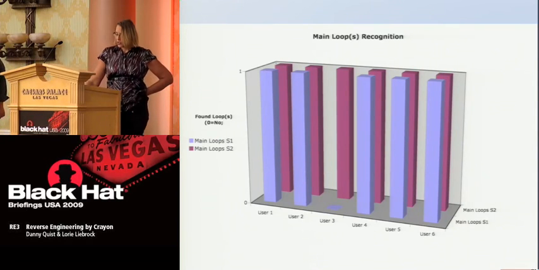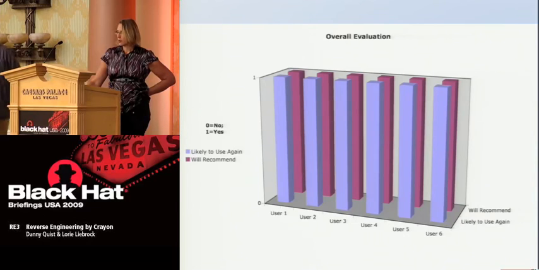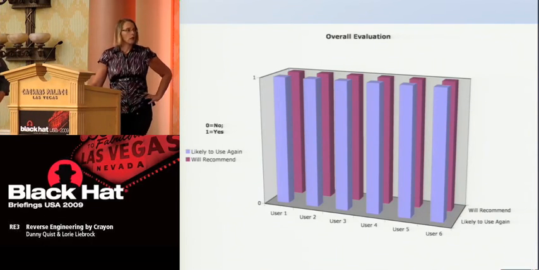For initialization, in one case, all of them get it. And in the other, with the other packer, we again have the new users not able to find the initialization. Main loops they were more successful with. We just had one failure in this case. But as you can see, even people with very limited experience are having some success, at least using this tool.